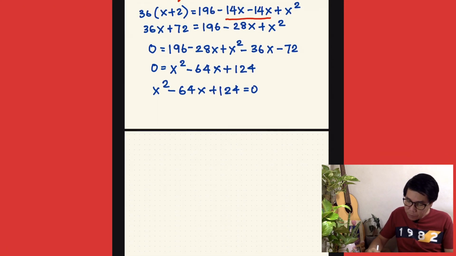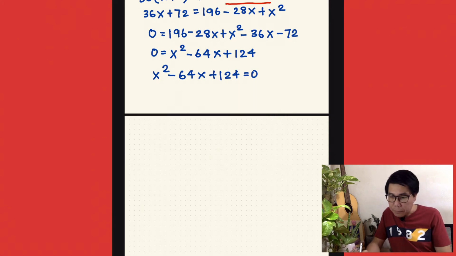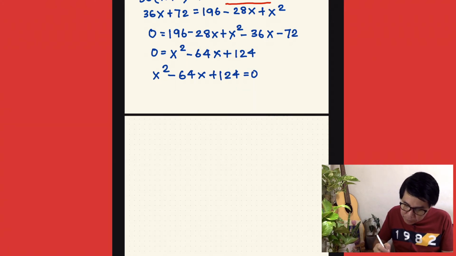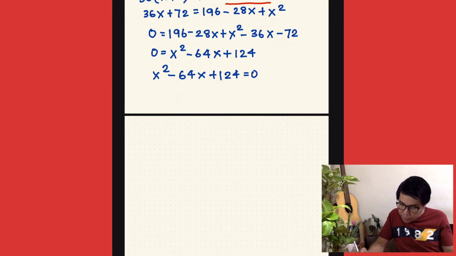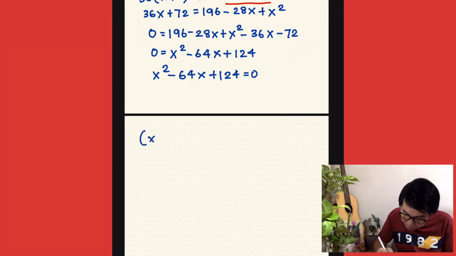Now we're going to factorize, so factor using the product-sum method. We can see 124 and then negative 64x. So we will have here x minus blank and then x minus blank.